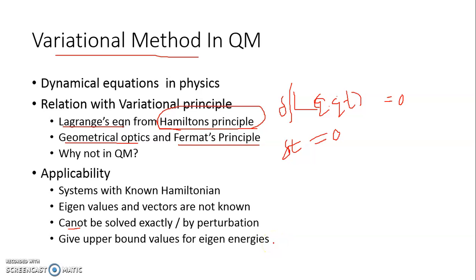So there is an accuracy issue that might always be encountered when the approximation method is applied to quantum states other than the ground state. Generally this gives you a better approximation for the ground state energy, and even in that case this gives you an upper bound value for the eigenenergy of the ground state.